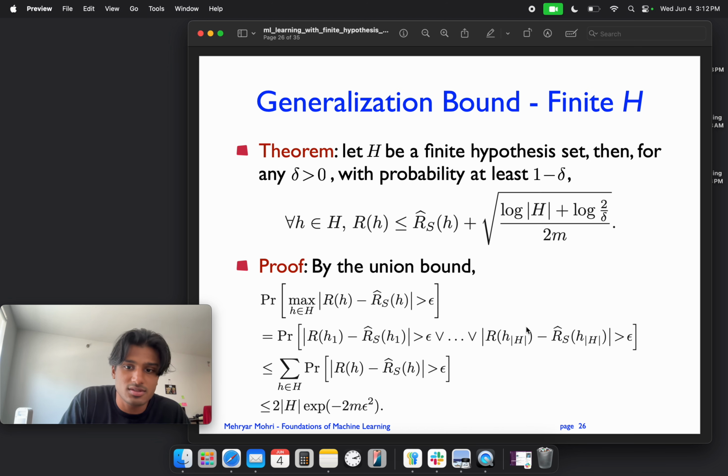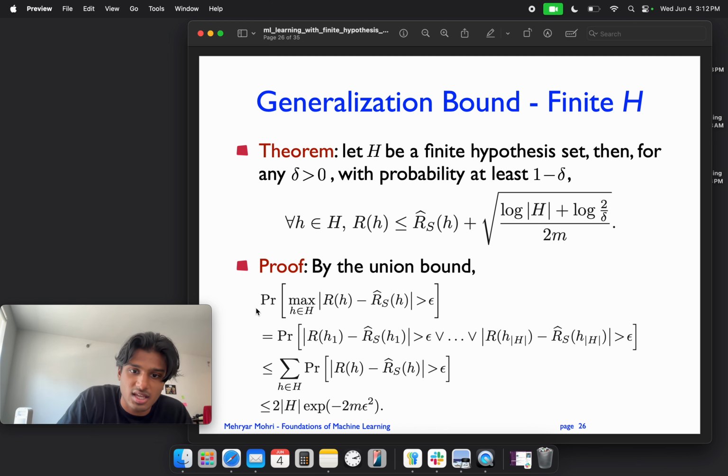What we will do is look at the probability that the maximum, the worst possible hypothesis, deviates from its empirical risk by more than epsilon for a given sample. For a given sample, of all the hypotheses, the one which has the highest deviation between real and empirical risk is the one we are concerned about.